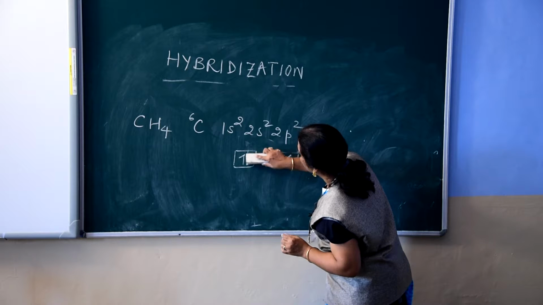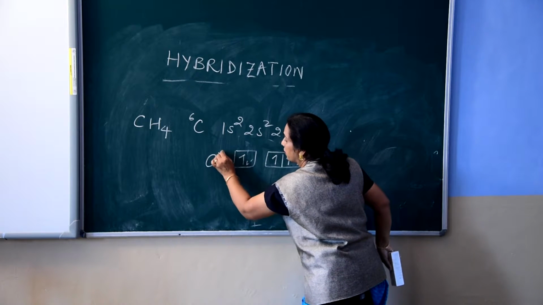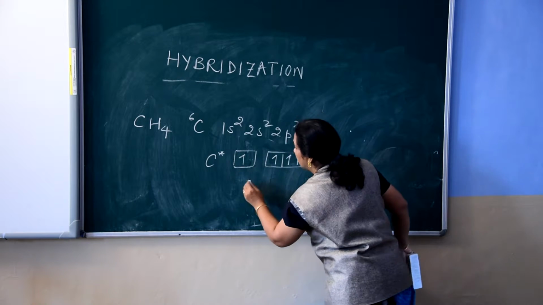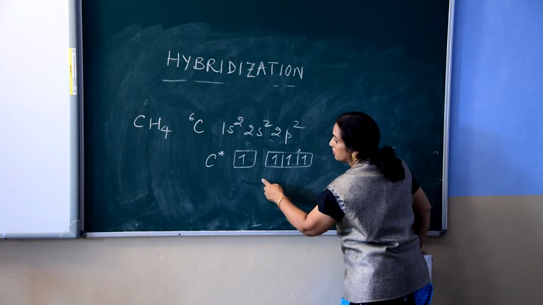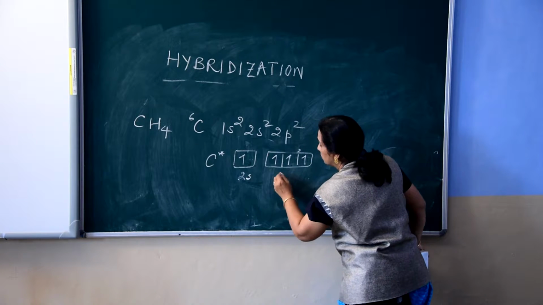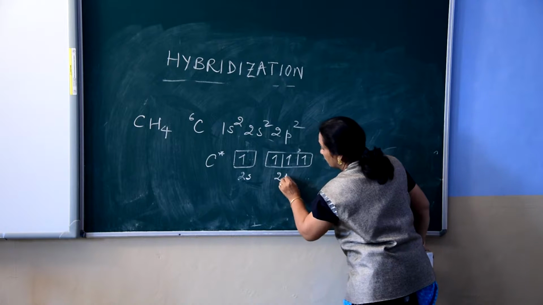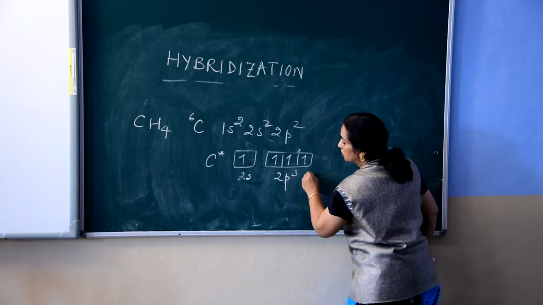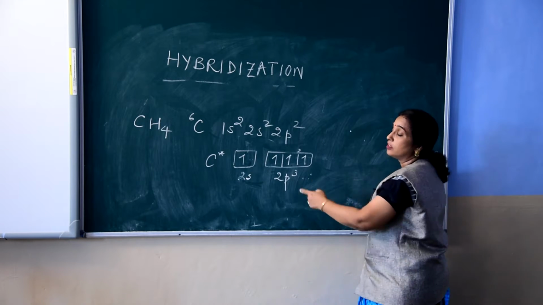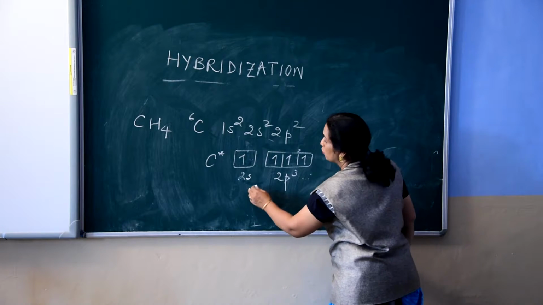As a result, carbon in the excited state has 1 electron in the 2s and 3 electrons in the 2p subshells.